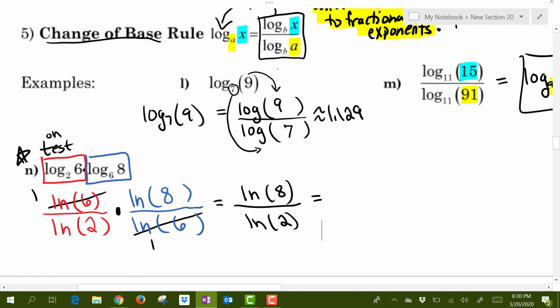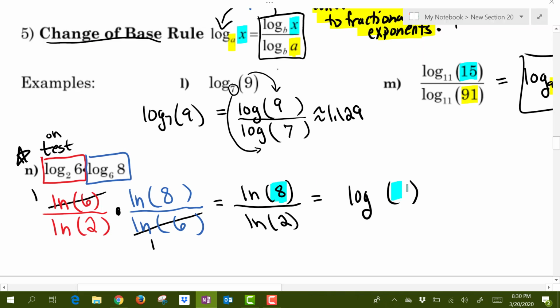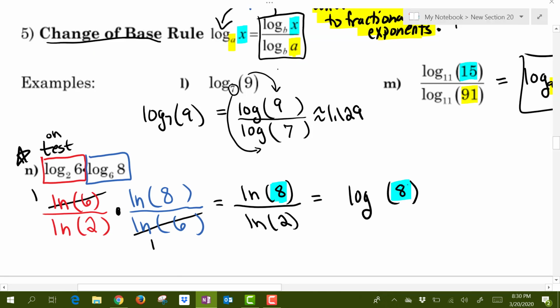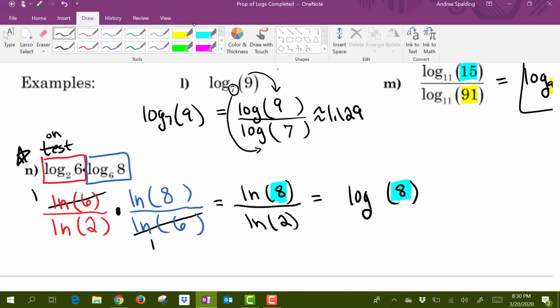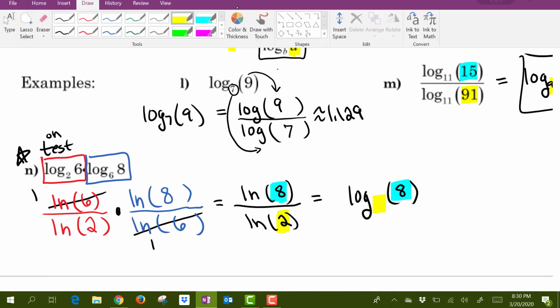So now I can convert this into a single log like we have up here on the left of that rule. So if I do that, the top input becomes the input of this log. The bottom input now becomes the base of this single log.